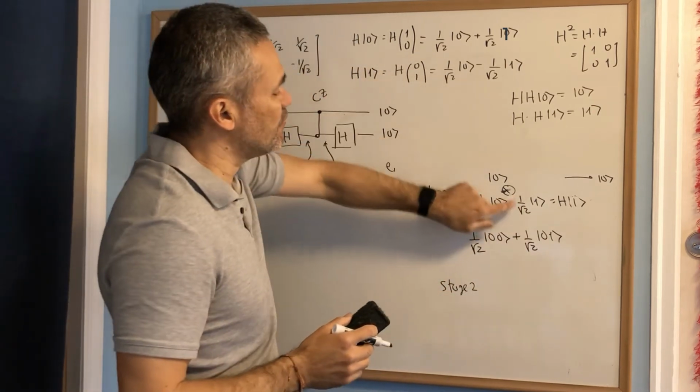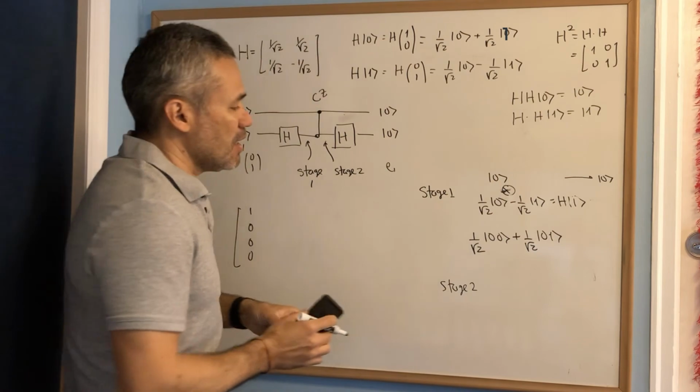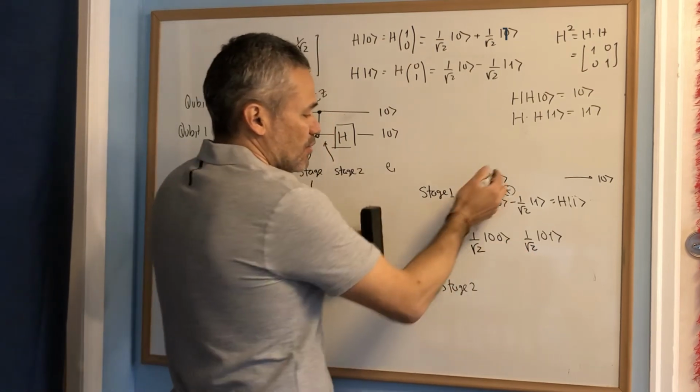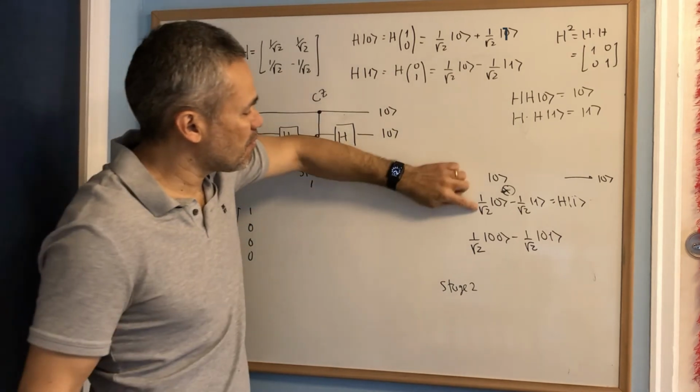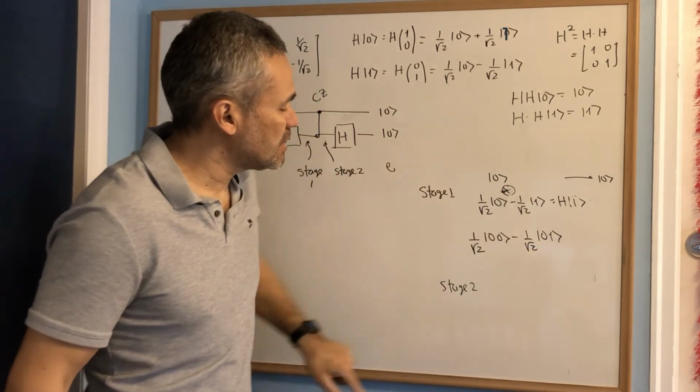H of 1 is this qubit with a minus, right? And then when we find the 2 qubit, we do the tensor product, and then we get this.